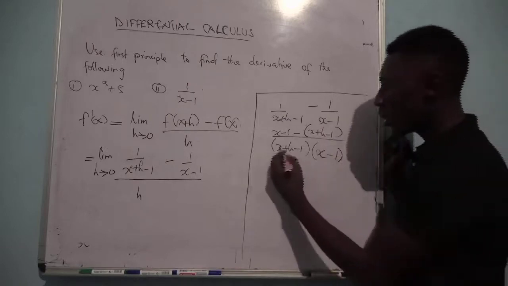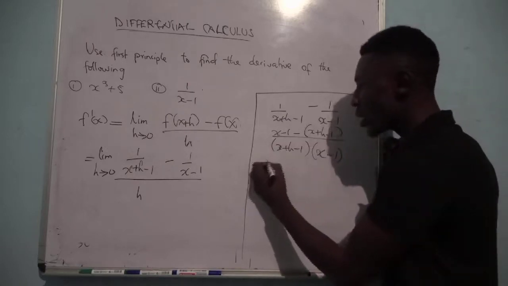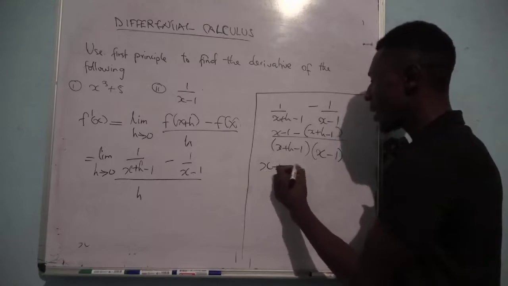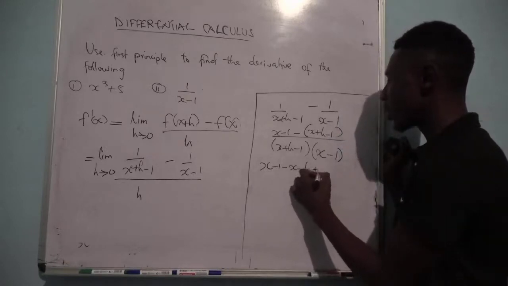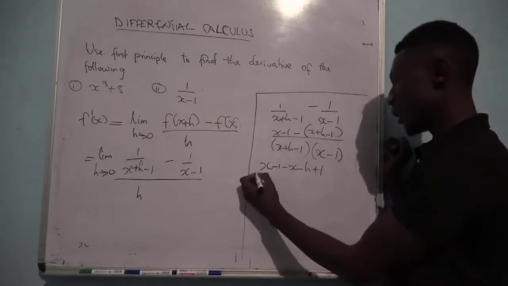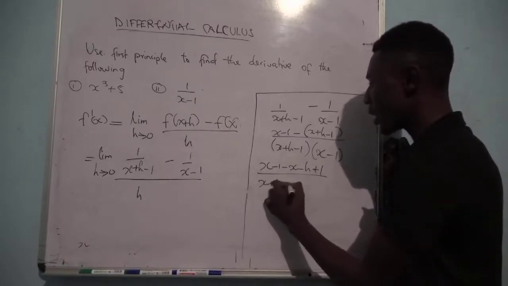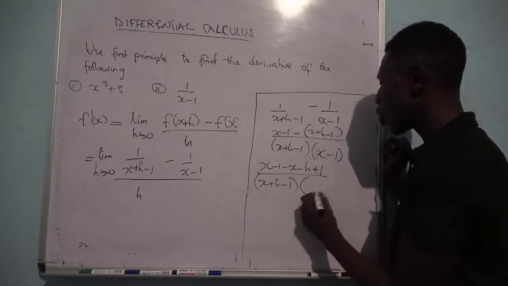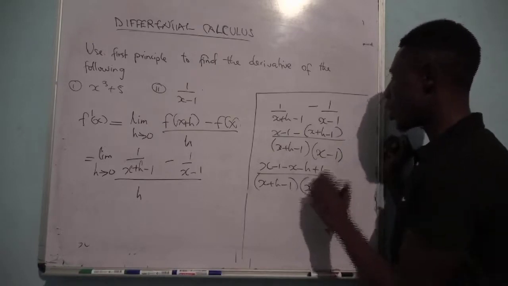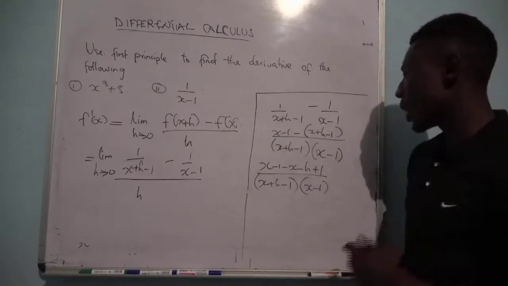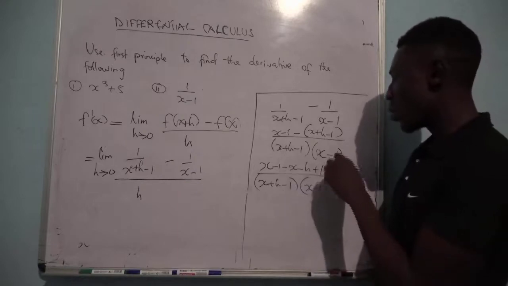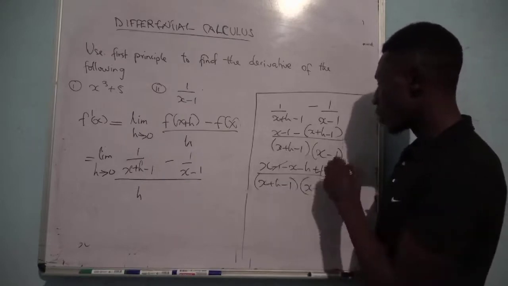So when I work this out, I'm going to get x minus 1 minus x minus h plus 1, then divided by x plus h minus 1 as my lowest common multiple, and x minus 1 also as my lowest common multiple. So the negative 1 and the 1 will cancel.